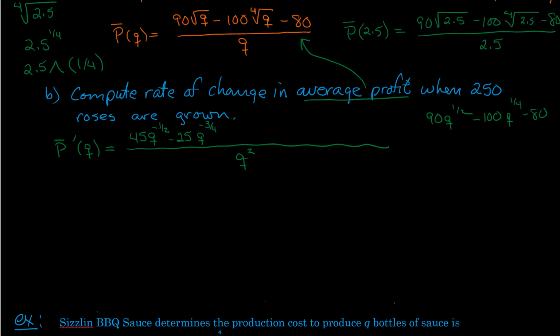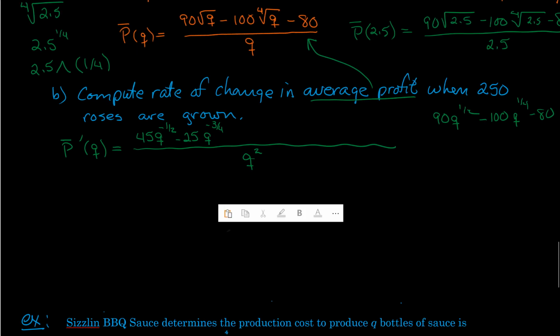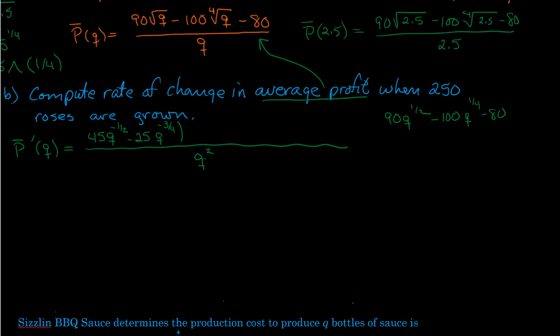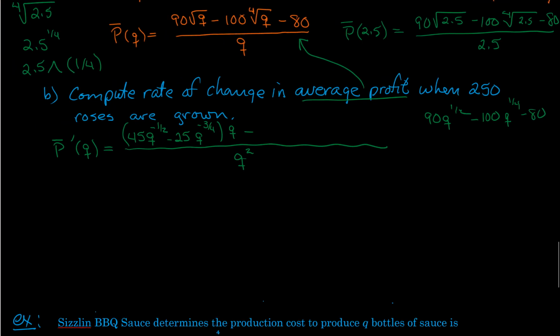That came from the 1/4 minus 1. The minus 80 is going to be a derivative of 0. So I'm just going to have these two times the denominator, which is q, minus, now what I'm going to have is a 90q to the 1/2.